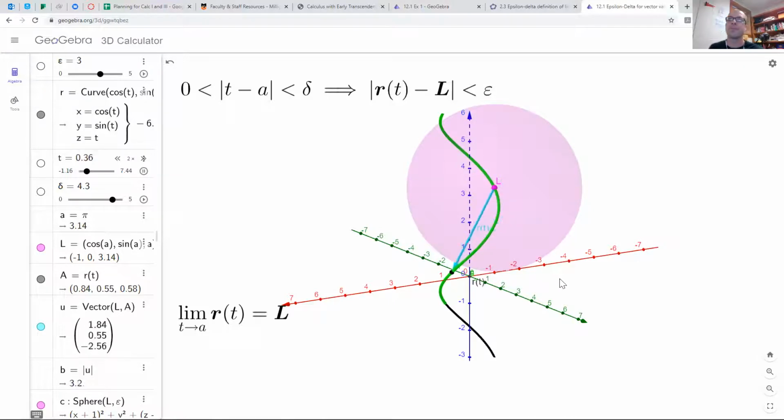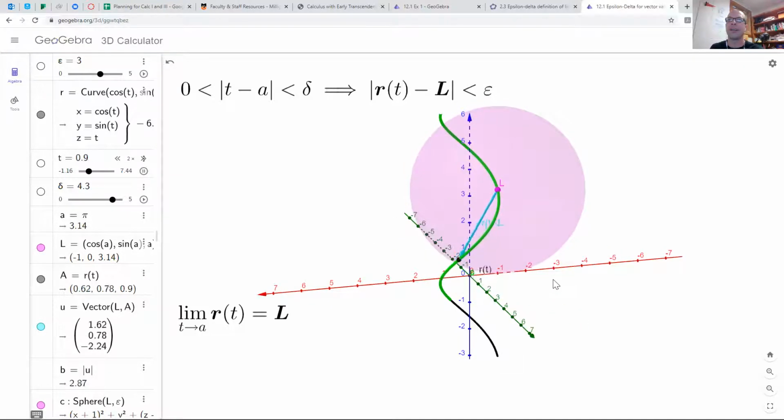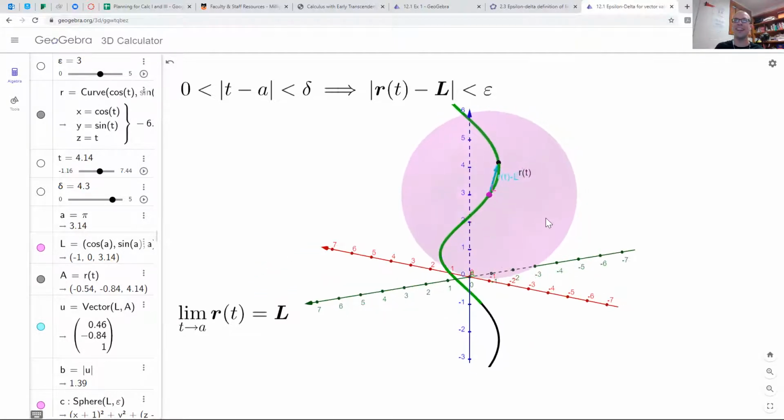But let me stop this because that's distracting. Epsilon now gives us a ball around that point. And again, we would like to be able to shrink that ball as much as we possibly can.